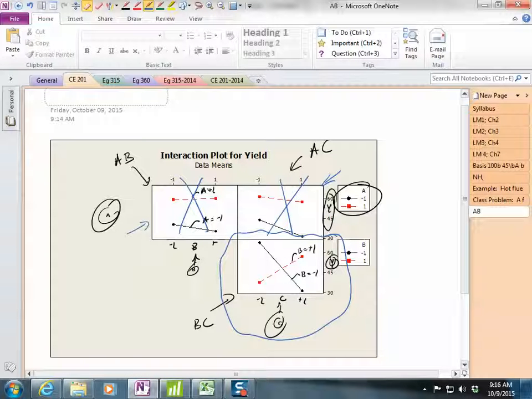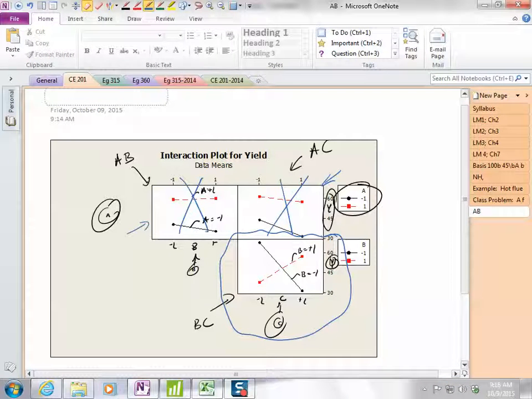It's saying the effect of C really depends on what B is set at. In one case, it's decreasing. In the other case, it's increasing. Does everyone understand what that interaction plot means?